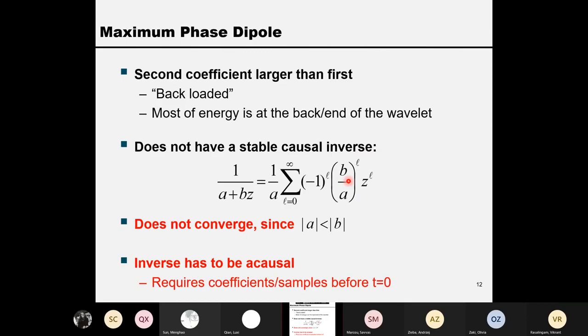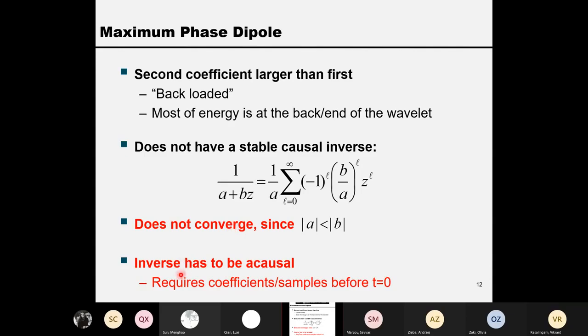You expect the truncated part should have smaller energy, but in this case, because truncated parts have a higher order, the energy becomes large. So truncation actually causes more errors in terms of approximation. So this filter does not converge.